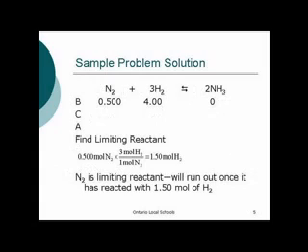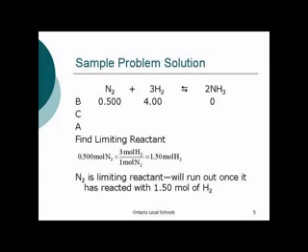Well, let's see if you found the same limiting reactant that I did. What I do is I take my leftmost reactant, nitrogen, and I use that starting molar amount of nitrogen. I multiply it times the mole ratio of hydrogen over nitrogen from the balanced equation to see how much hydrogen I'm required to completely react the N2.